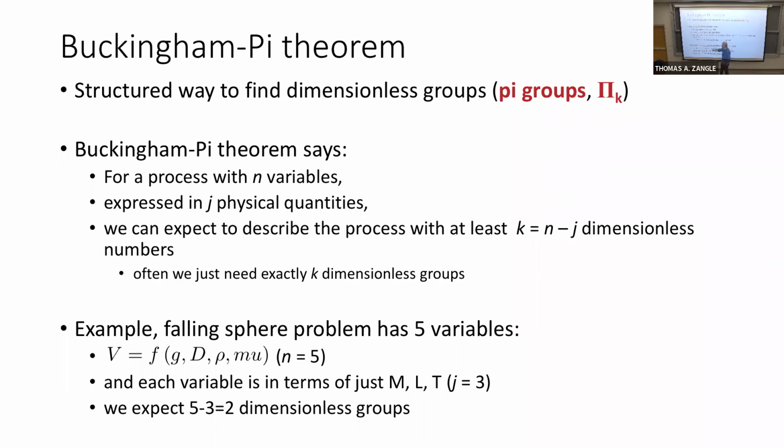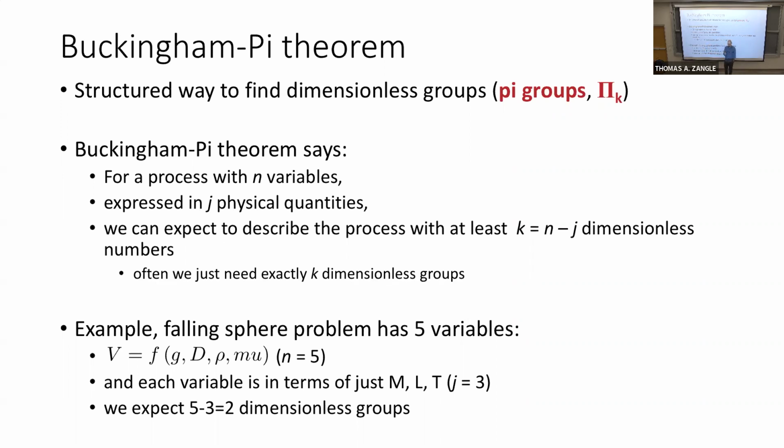But I think one of the things that you're getting at here is kind of the dark art of dimensional analysis, which I haven't introduced you to yet, but is coming, which is, how do I know? Let's say you're encountering this problem of a sphere falling through a liquid for the first time. How do you know that it's gravity, diameter, density, and viscosity, and not some other combination of variables?